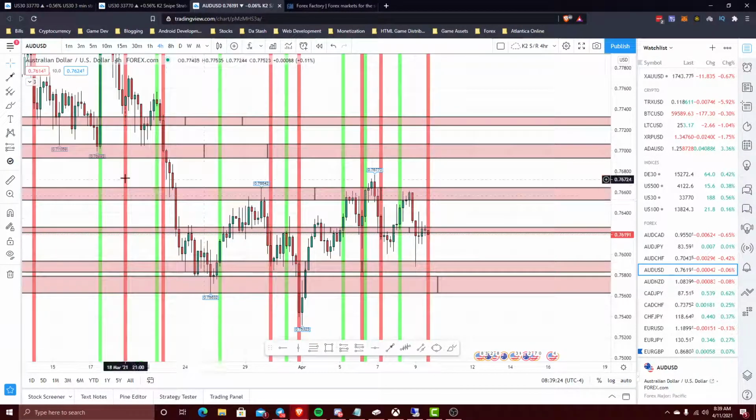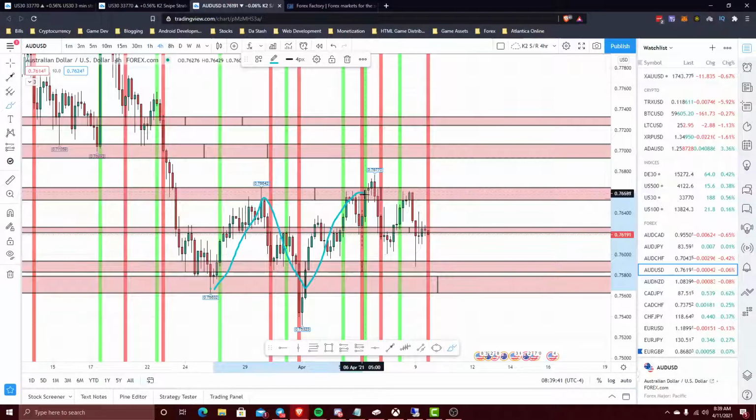But as of lately, it's just been ranging since March. If I take my brush here, you can see it go up to the zone and then back to the zone, then up back to this zone here, and down like that, back up to the zone. Now it's trying to head back into the zone.